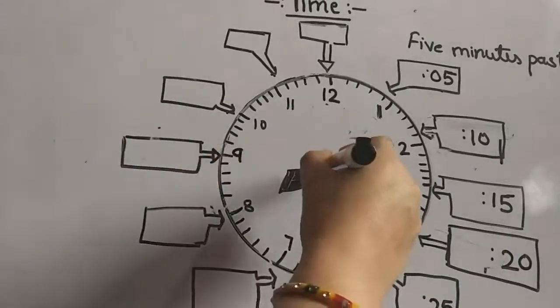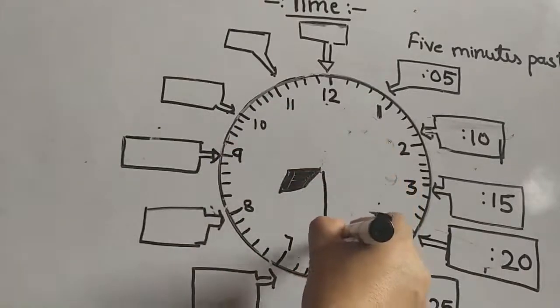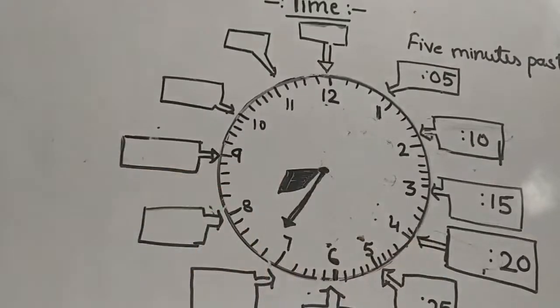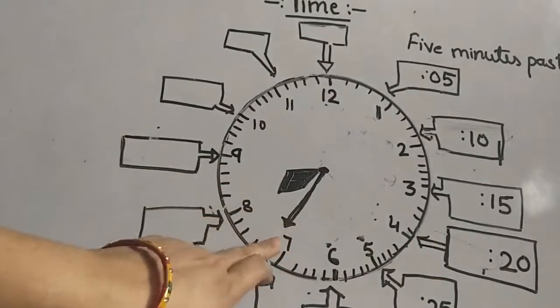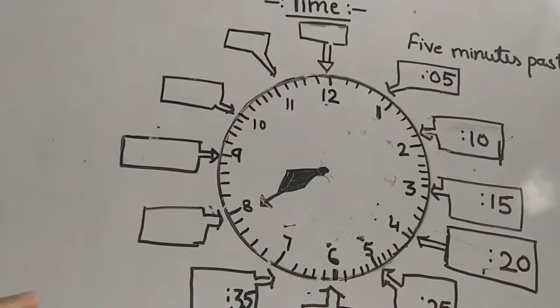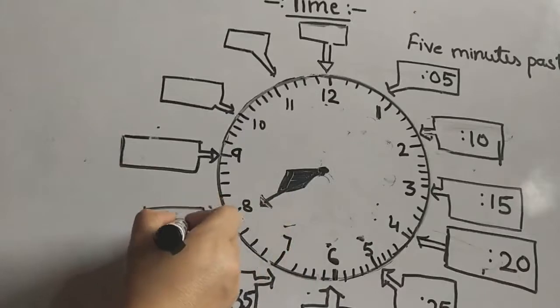Now our minute hand is in 6, so 30 minutes past, or we can say half past. Now our minute hand is in 7, it means 35 minutes. Now our minute hand is in 8, it means 40 minutes.